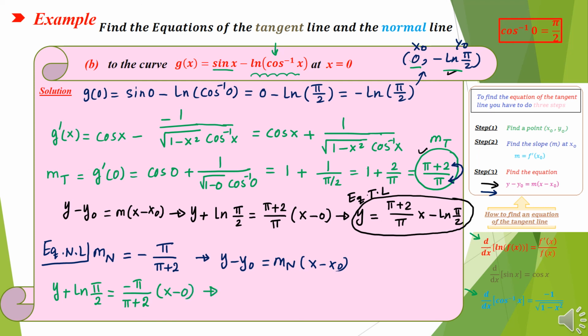Now x minus 0 equals x, and all you have to do is subtract ln pi over 2 from both sides, and you will get the equation of the normal line. So y equals negative pi over pi plus 2 times x minus ln of pi over 2, and this is the equation of the normal line.